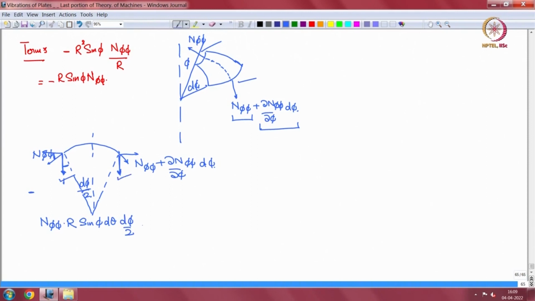Similarly that component, so it gets multiplied by 2. So we get N phi phi r sin phi d theta d phi with a negative sign. That's what we have. Okay.